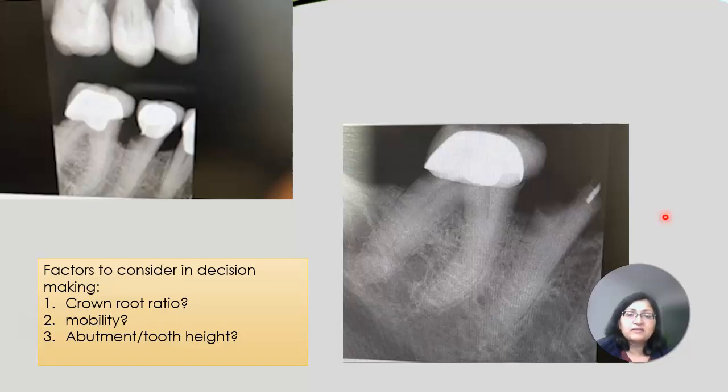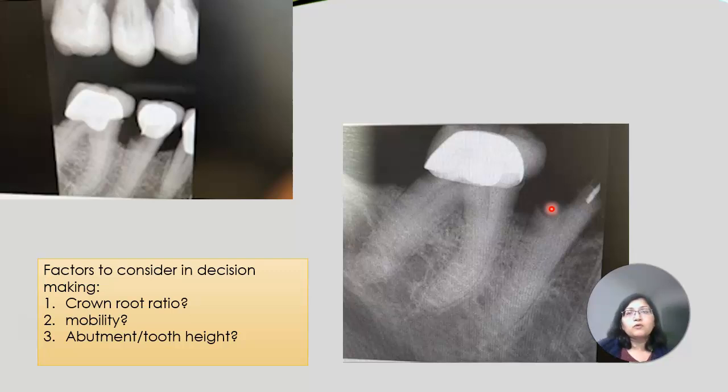And what are the factors that will make you decide whether you are going to save the tooth or not? Most commonly, the factors that we are considering when we have to save a tooth are: we are looking at the crown root ratio, we are looking at if the tooth is mobile, and even if we try to save the tooth, how much of it will be there for considering a crown.